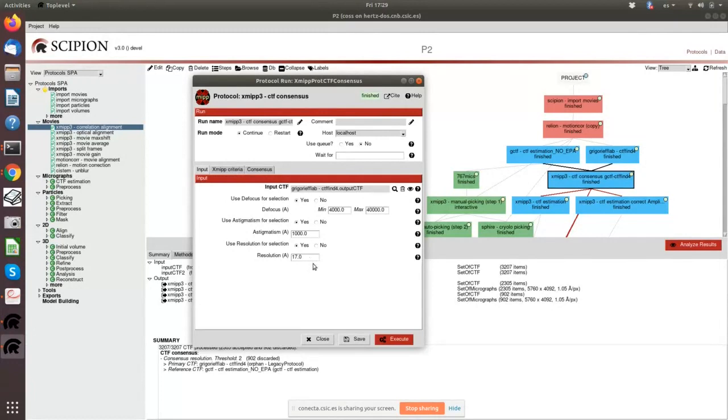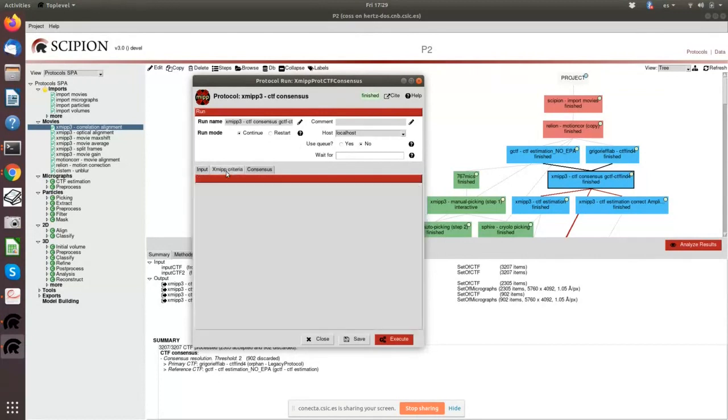This 17 angstroms is meant to avoid catastrophes, absolutely wrong estimates of the defocus. In this example, I didn't use any of these options. Neither of these two CTF estimates comes from XMIPP, so we don't use the XMIPP criteria. We will see the XMIPP criteria later.